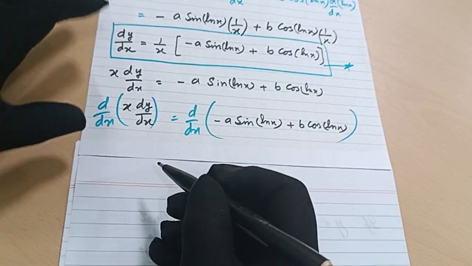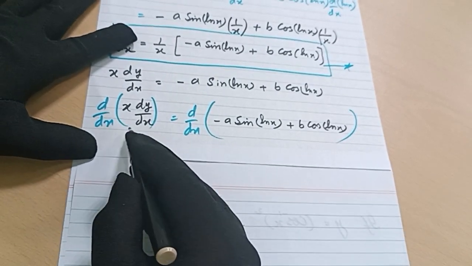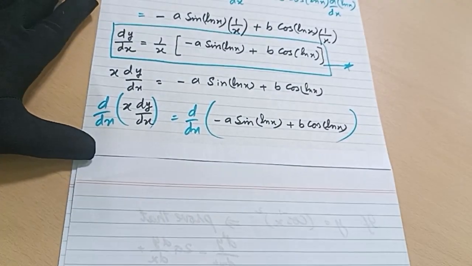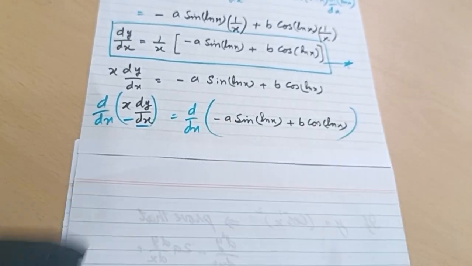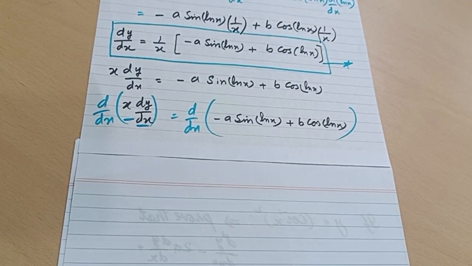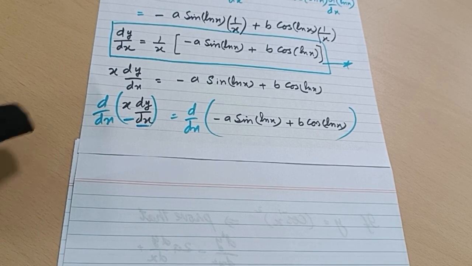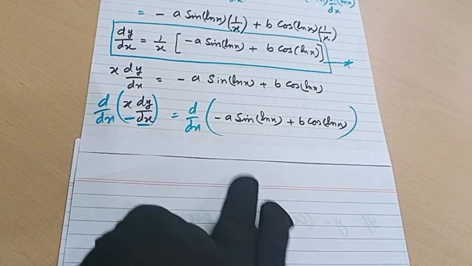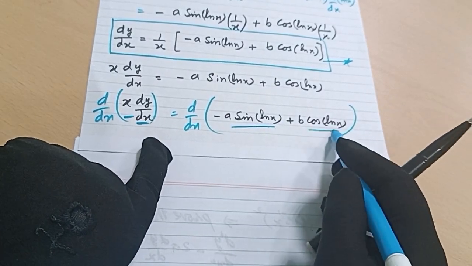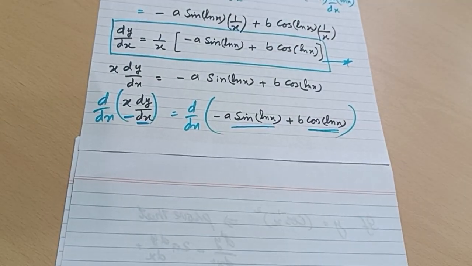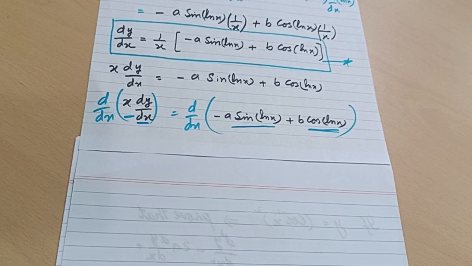Here, if we are taking the derivative of this function, what is this? This is two functions, so we have to apply the product rule for this side. On the other side, we have to take the derivative of the first function, which is a single function, and the second function is also a single function, because a and b are constant numbers.